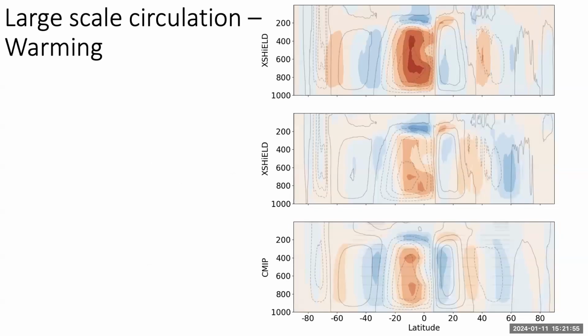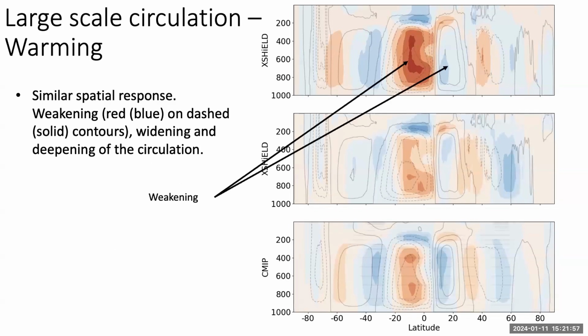If we look at the response, we can clearly see that we have a weakening of the circulation. Red over dashed line is weakening. We also have a deepening of the circulation and a widening of the circulation.